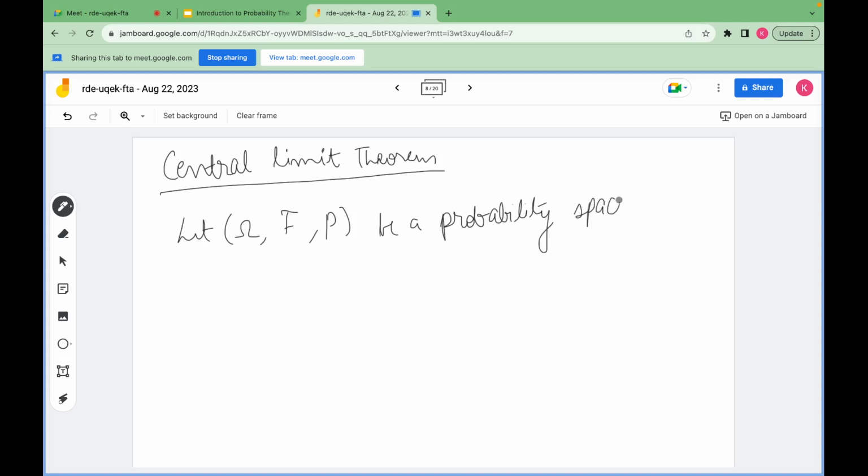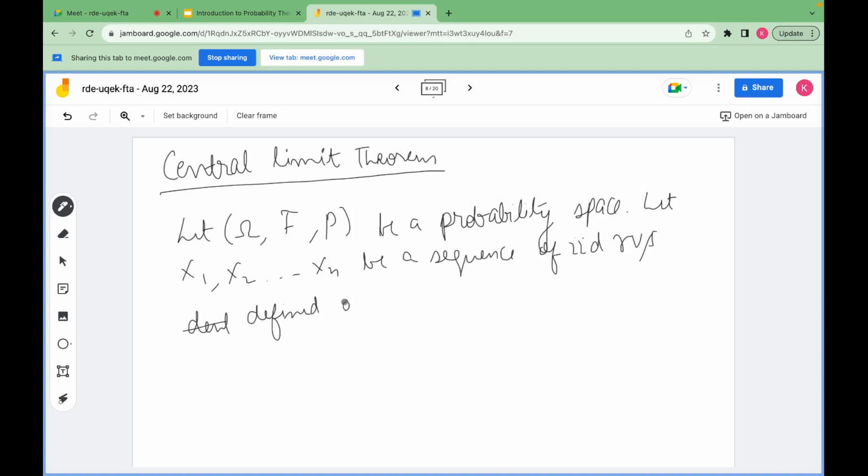Let X1, X2, Xn be a sequence of IID random variables defined on this probability space.